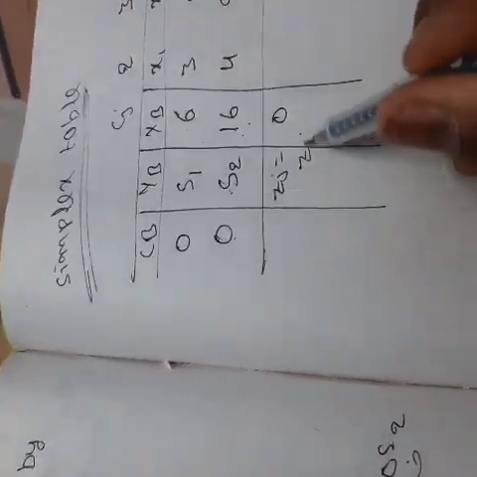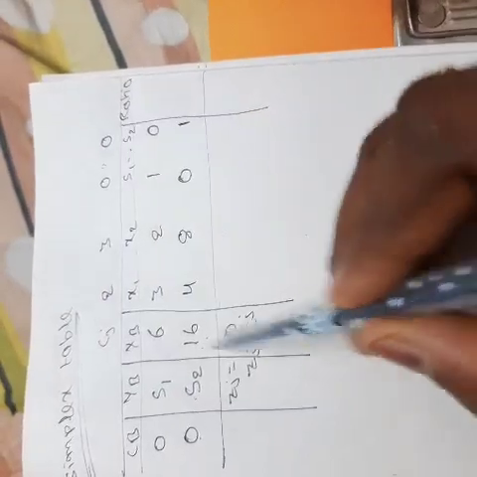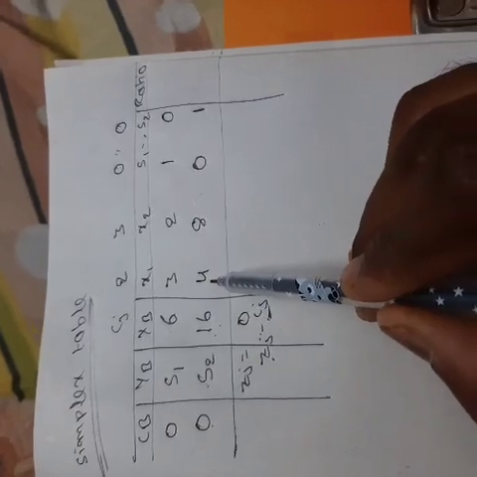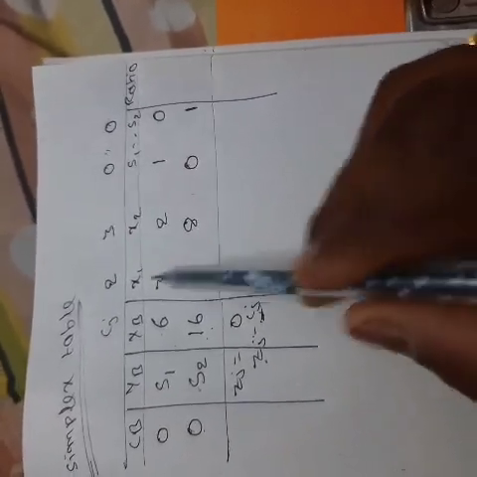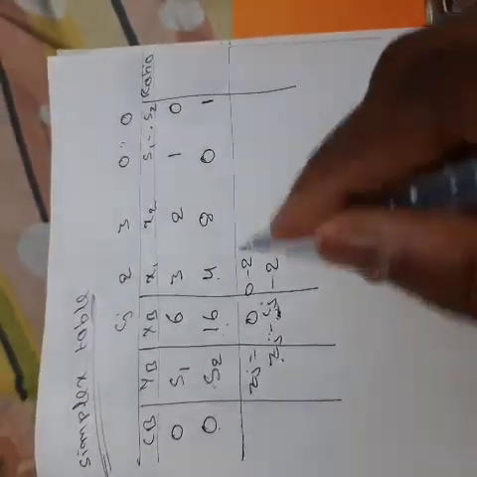And then you have to calculate Zj minus Cj. Zj means 0 into 3 plus 0 into 4, minus Cj, which is 2: 0 minus 2, the total will be minus 2.